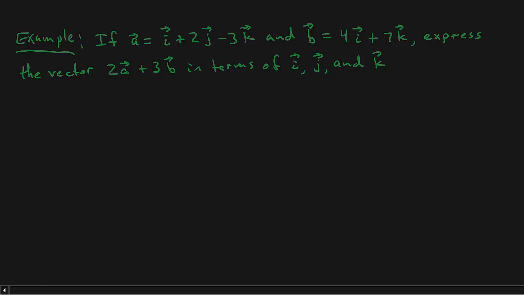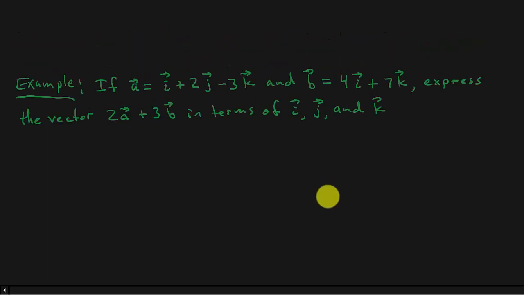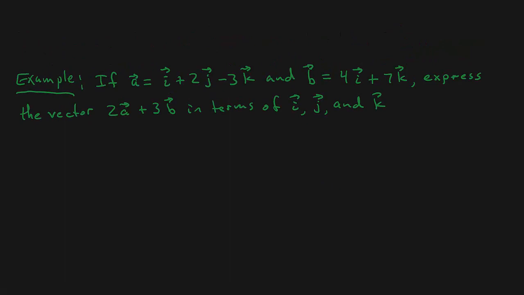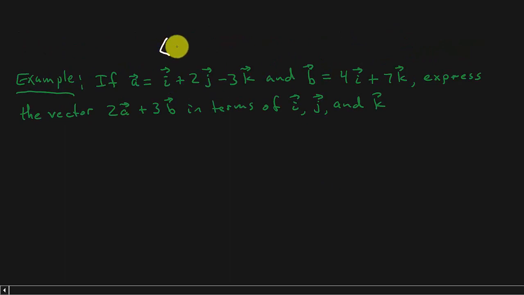If we have vector A is i plus 2j minus 3k, and vector B is 4i plus 7k, okay? And just real quick for fun, what would these be if we wrote the components? That would be 1, 2, -3. And then this would be 4, and there's no j, so that would be 0, and 7. Okay, that's all it is. You can go back and forth.